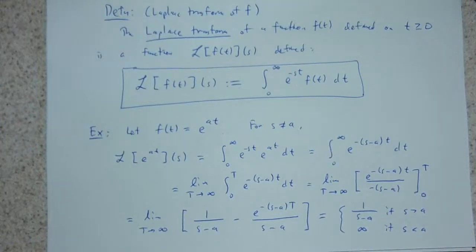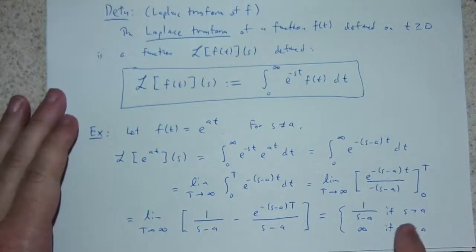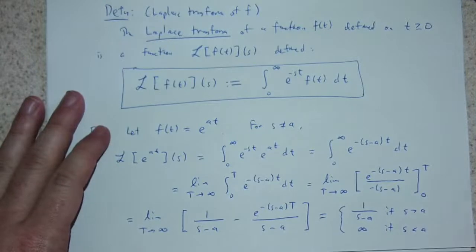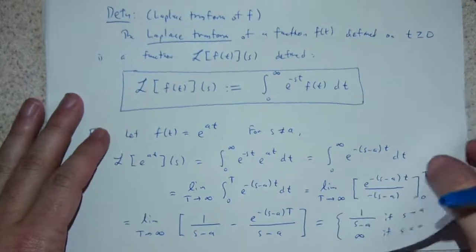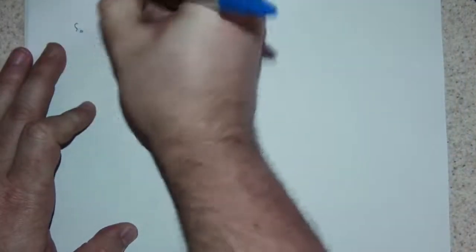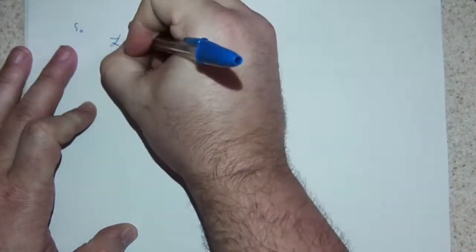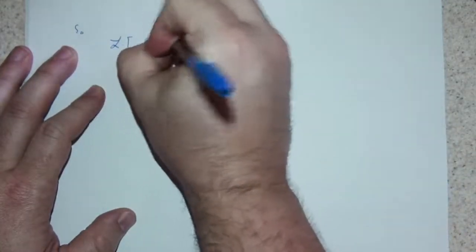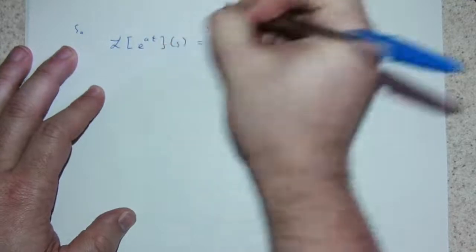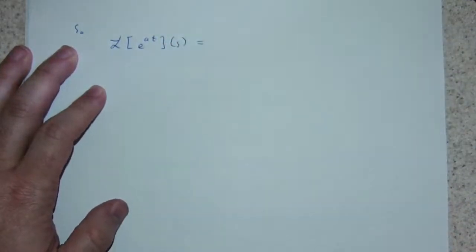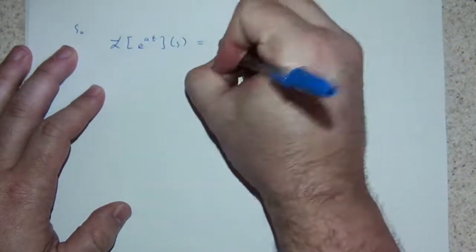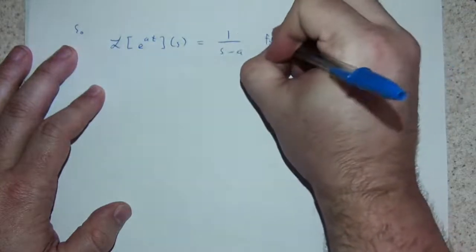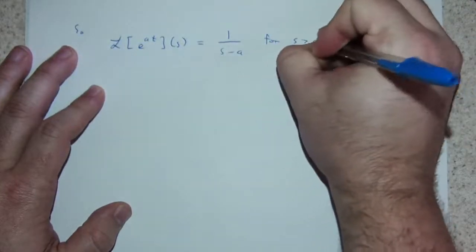And so we can say here, oh, this Laplace transform is actually only defined when s is bigger than a. So another way of writing the work that we've done is the following. The Laplace transform of e to the a t, evaluated at s, is equal to 1 over s minus a for s bigger than a.